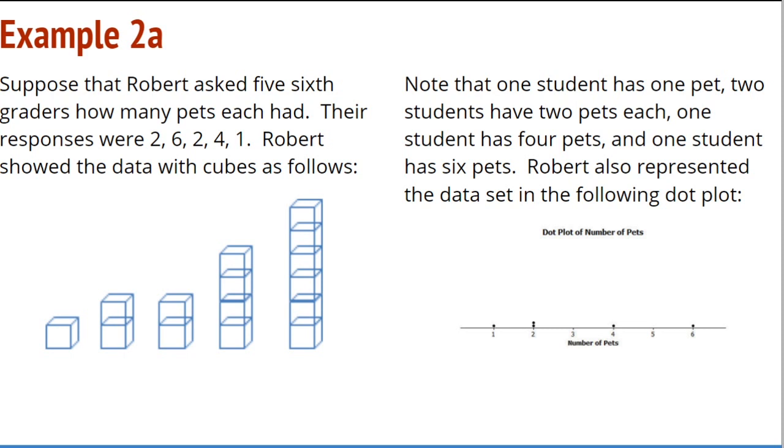Their responses were 2, 6, 2, 4, and 1. And you can see that he has shown the data with cubes. Or we could use paper clips like my example. So here is 1 pet, here is 2 pets, here's 2 pets, here's 4 pets, and here is 6 pets.